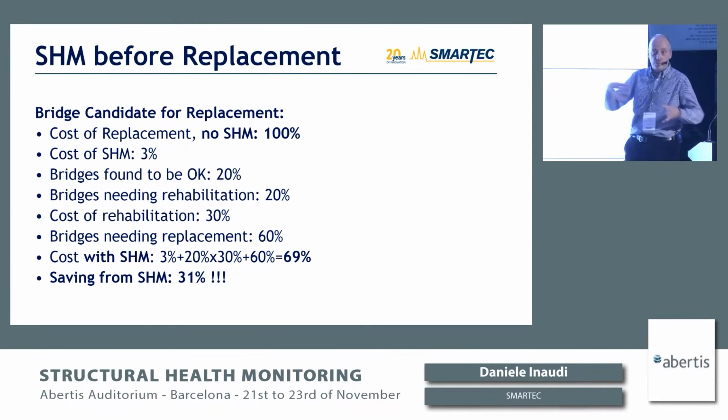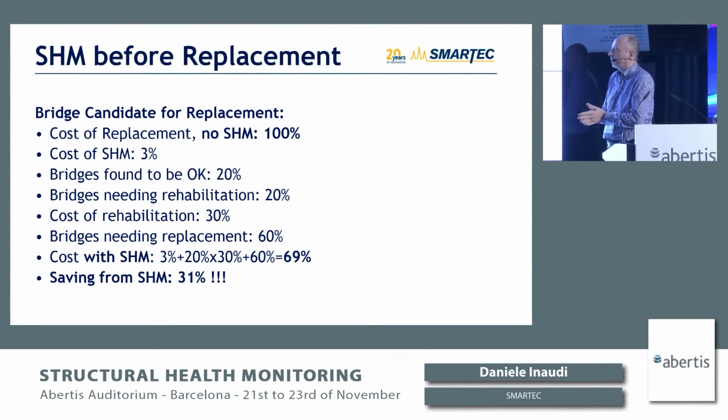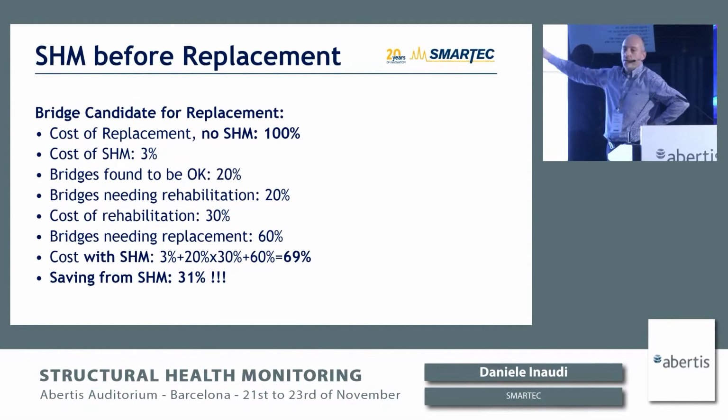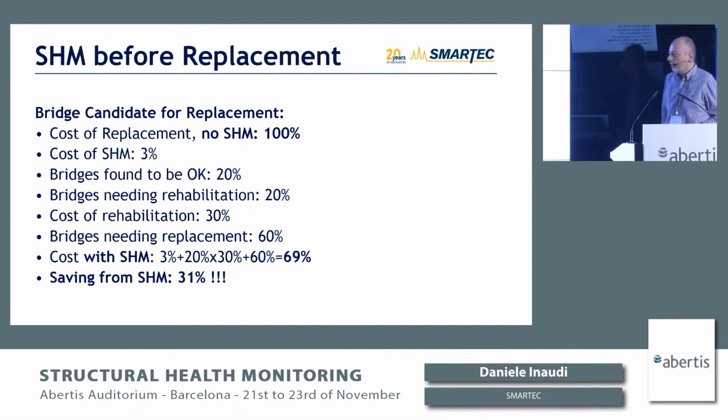So you would need to consider also the difference in capital value and the fact that those bridges maybe in 10 years or 20 years will still need to be replaced. But a strategy like this one can really be beneficial to optimize the decision on structures reaching the end of the lifetime.